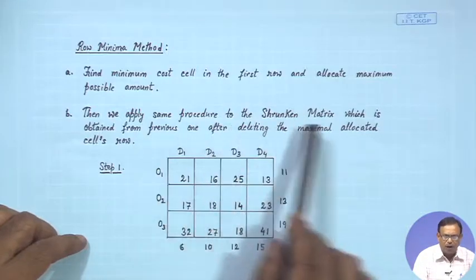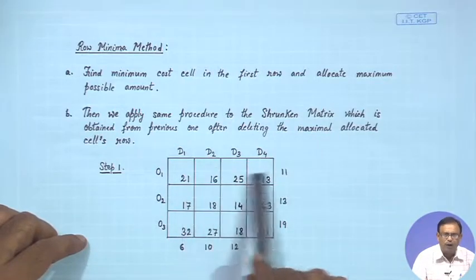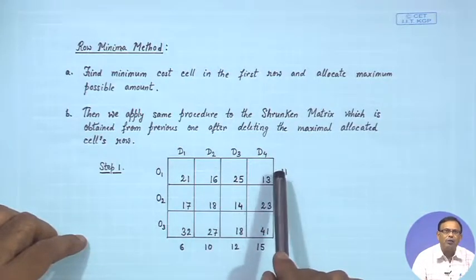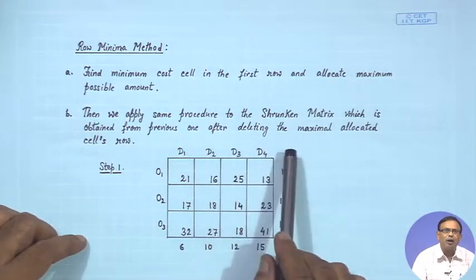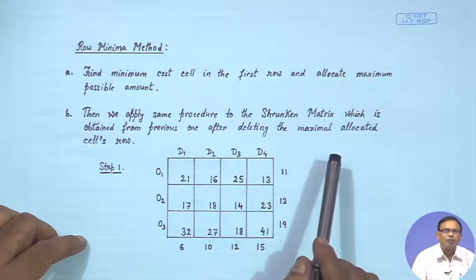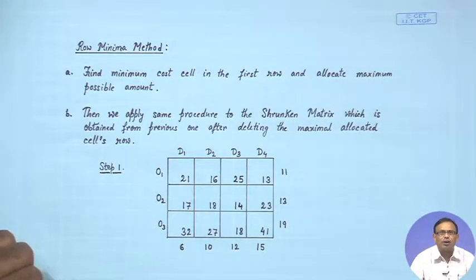Then we apply the same procedure to the shrunken matrix. Shrunken matrix means we remove the row where we have already allocated, obtained from the previous one after deleting the maximally allocated cell's row, and we will repeat the process until we have allocated all the rows.